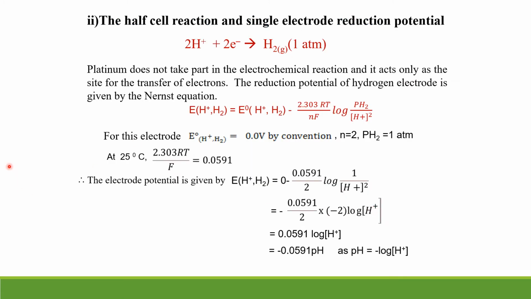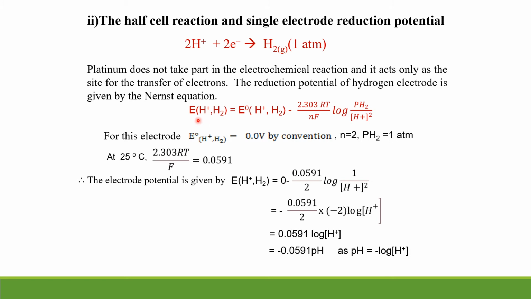Now coming to the half cell reaction and single electrode reduction potential: 2H+ + 2e- gives H2 gas at 1 atmosphere. Now remember, platinum does not take part in the electrochemical reaction; it only acts as the site for the transfer of electrons. The reduction potential of this hydrogen electrode is given with the help of the Nernst equation.